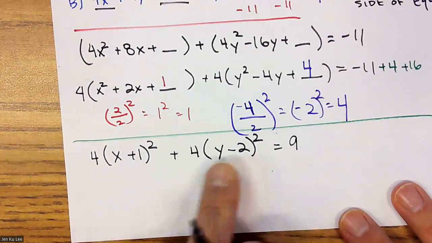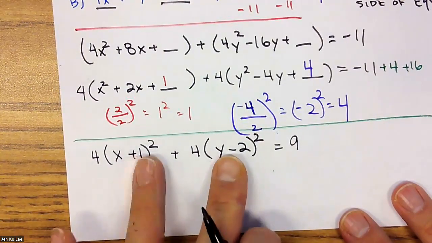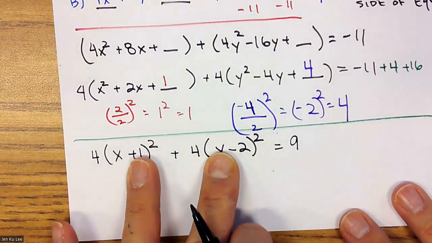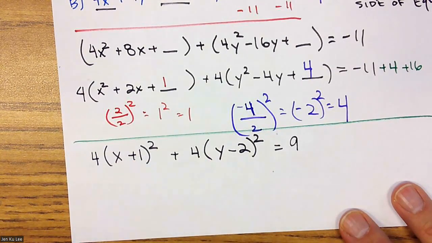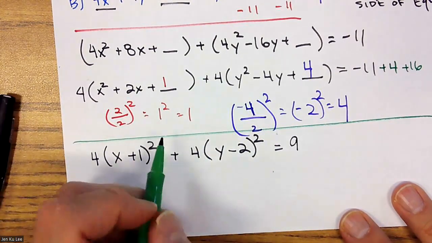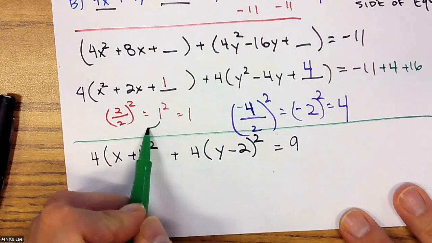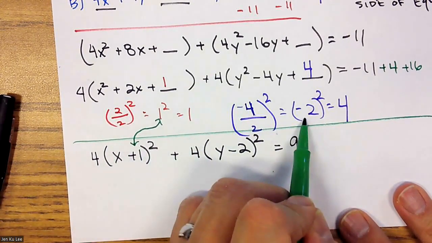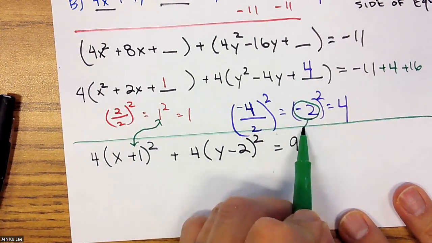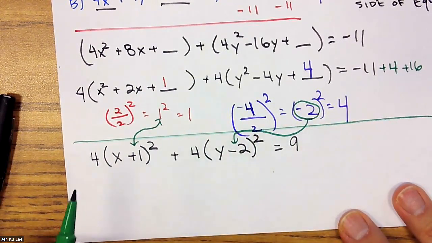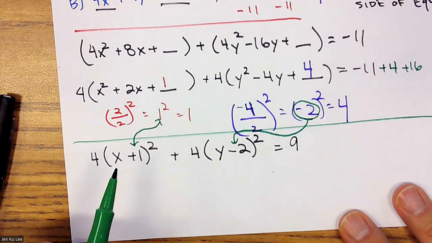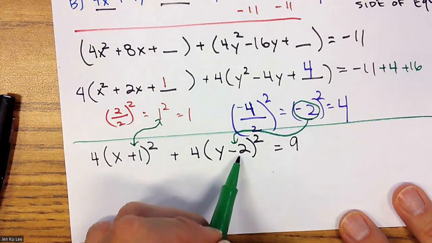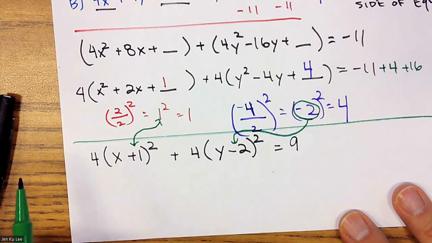Questions on how I completed the square? No? Now remember, if you guys forget, we also have a helpful hint. That number will always be that number, just like this number will always be this number. Whatever you halved will be that number. Okay? The coefficient divided by 2.